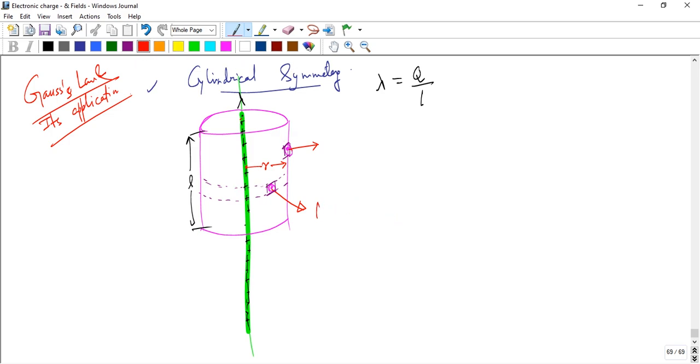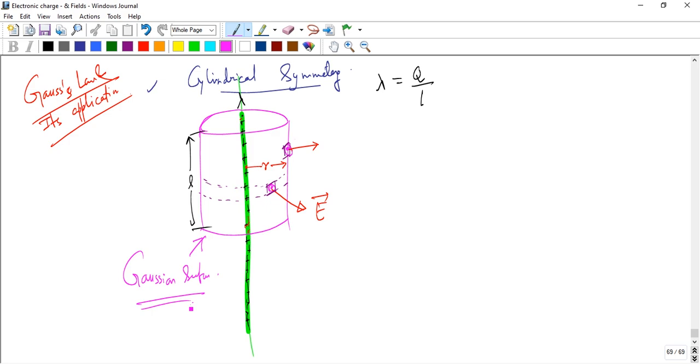If the line contains a negative charge, the field goes inward, so the charge q is minus q, otherwise both are the same. That is called the cylindrical Gaussian surface, this pink line.